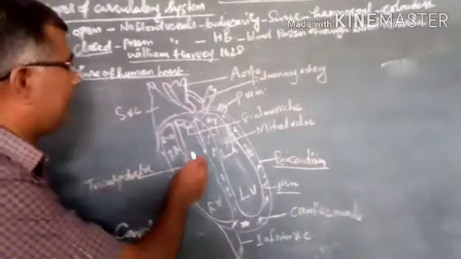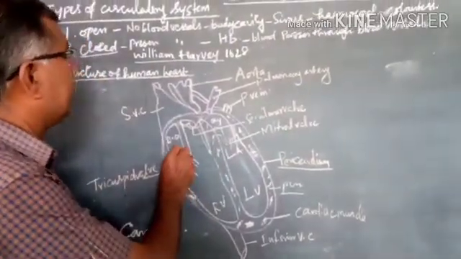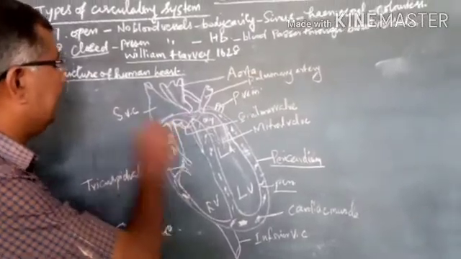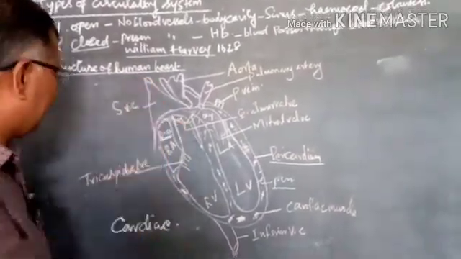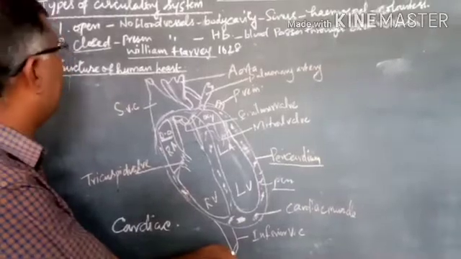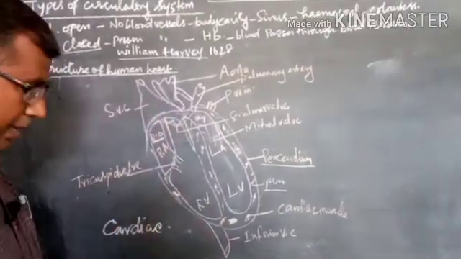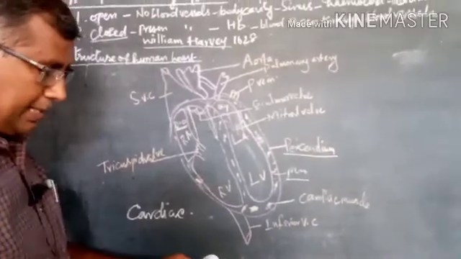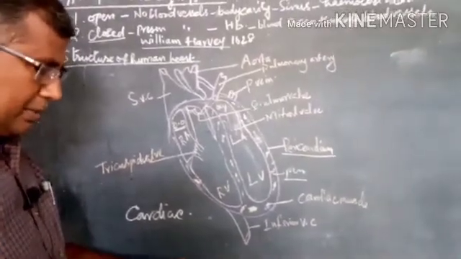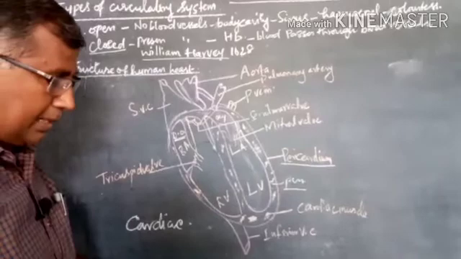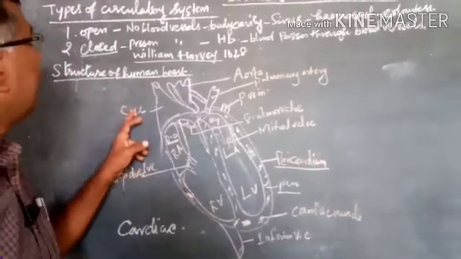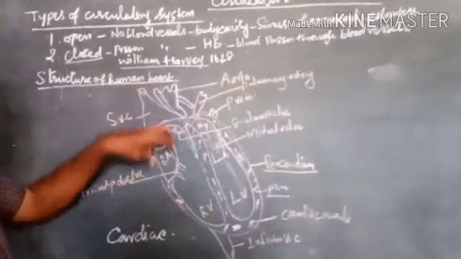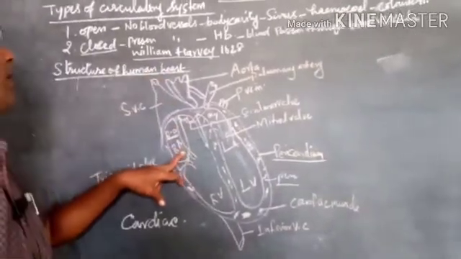First we will see the right auricle. The right auricle receives deoxygenated blood from the superior and inferior vena cava and also the coronary sinus, which brings the deoxygenated blood to the right atrium.